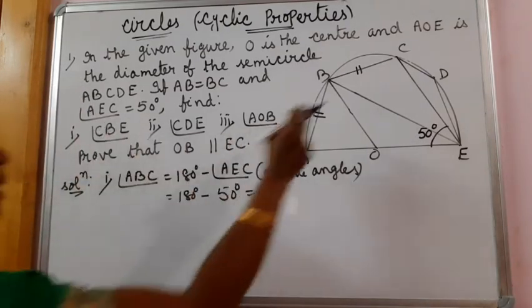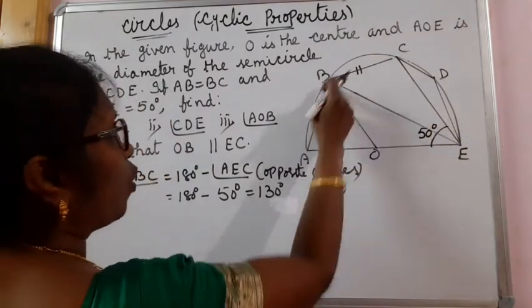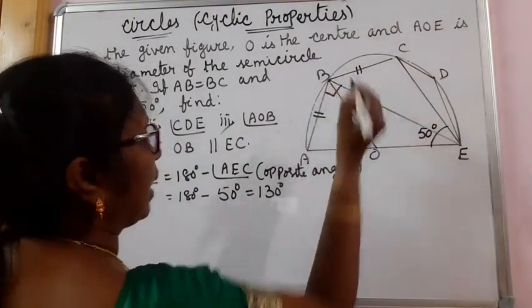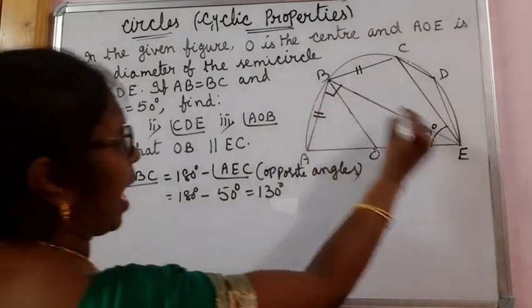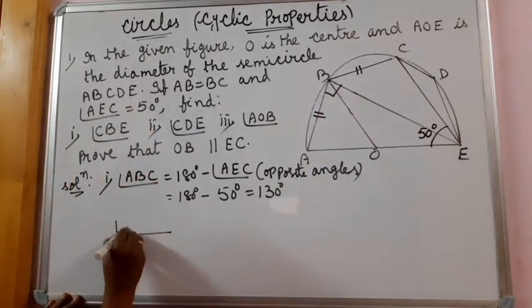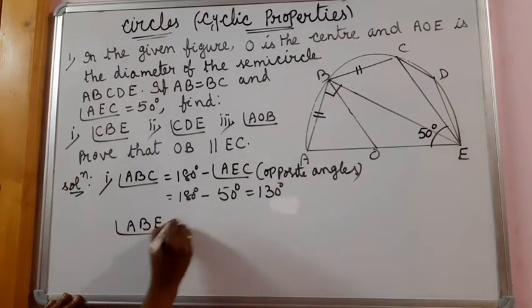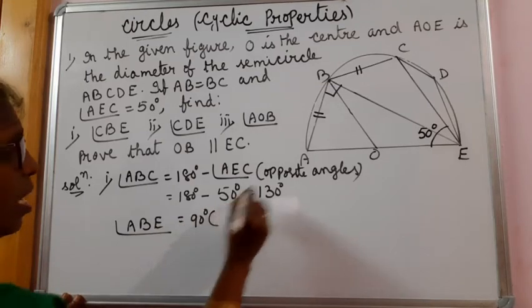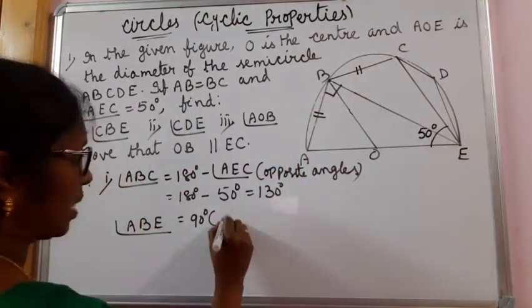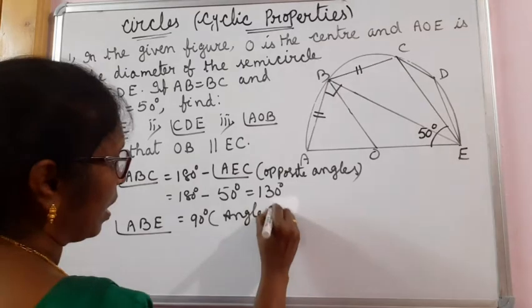But we have to find angle CBE. We know that angle ABE is 90 degrees because this is the angle in a semicircle.